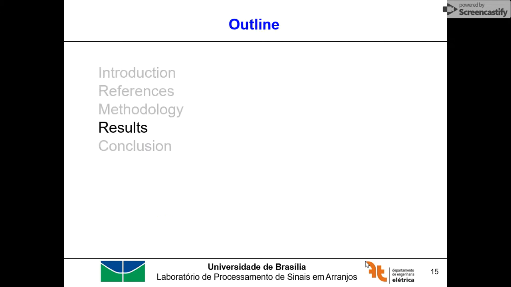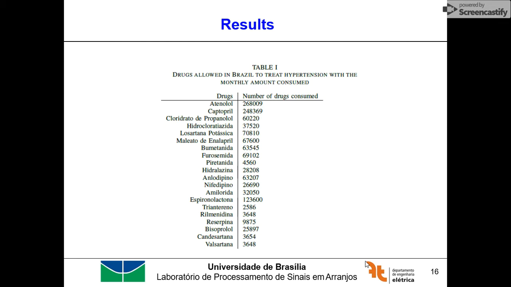Among the results found is the first table presented in the paper. This table reflects, from the open data of the Brazilian government, the proportion of drugs distributed monthly for hypertensive patients.